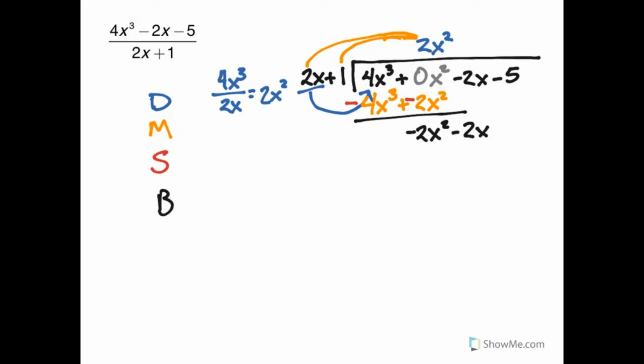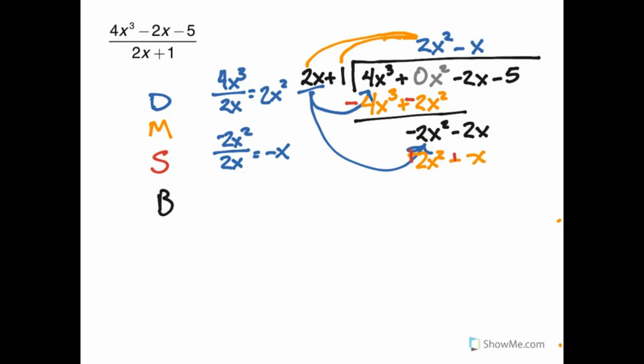Now that I've brought down the minus 2x, I do my division step again. Minus 2x squared divided by 2x is minus x. So the next part of the quotient is minus x. Negative x times 2x is negative 2x squared, just as I would like, and negative x times 1 is negative x.